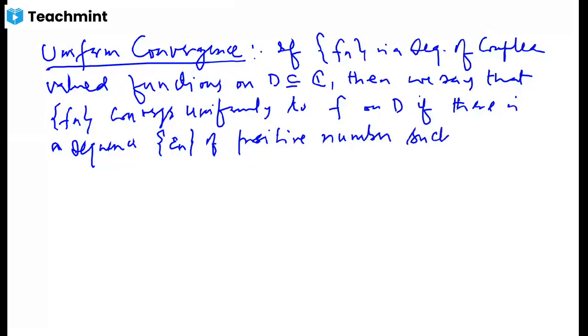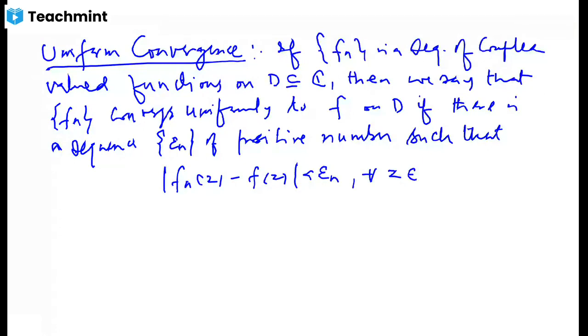such that this holds: the modulus of f_n(z) minus f(z) is less than epsilon n, and this must be true for every z in D. Look at this bound epsilon n on the size of f_n minus f at z.